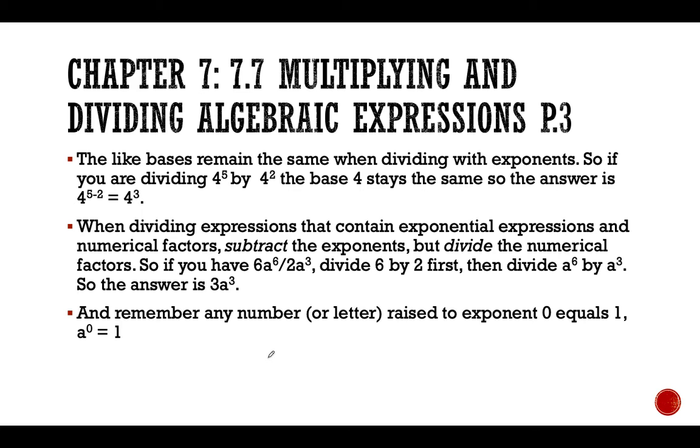So for instance, if you have 6a to the 6th divided by 2a cubed, first divide 6 by 2, then divide a to the 6th by a cubed. 6 divided by 2 is 3. A to the 6th divided by a cubed equals a to the 6 minus 3, which is a cubed. So the answer is 3a cubed. And don't forget that any number or letter raised to exponent 0 equals 1.